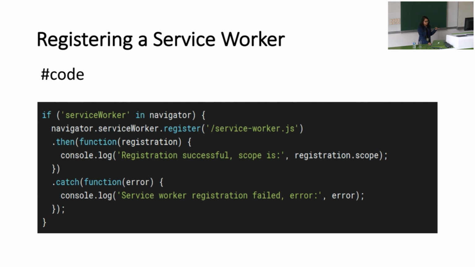And then we can log the scope of a service worker using registration.scope. The scope of a service worker determines which files our service worker would control. For example, if our service worker is on the main page, or in the main domain, then all the directories under that file would be served with the service worker, and can be controlled with it.